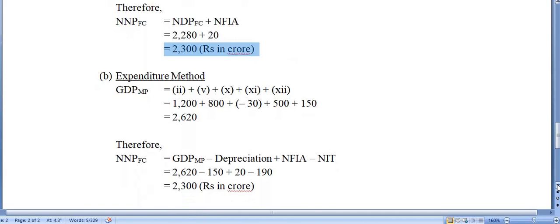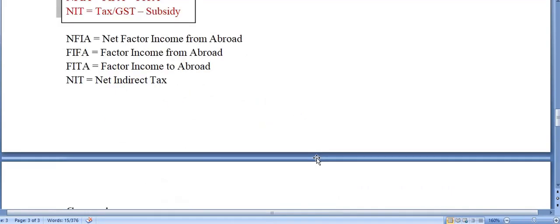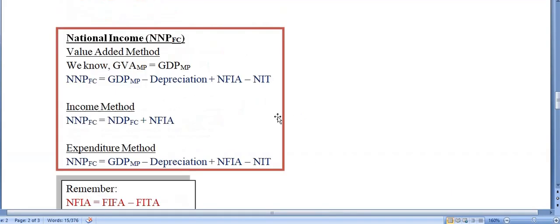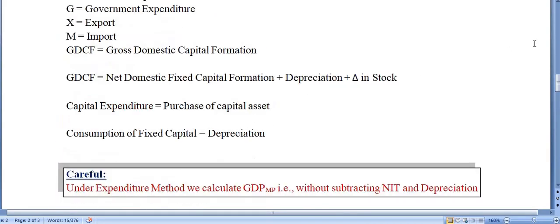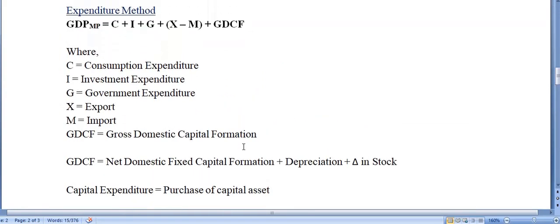Coming to the expenditure method. Now using the expenditure method, let me take you to the formula one more time. I hope you remember the formula: C plus I plus G plus net export plus GDCF.